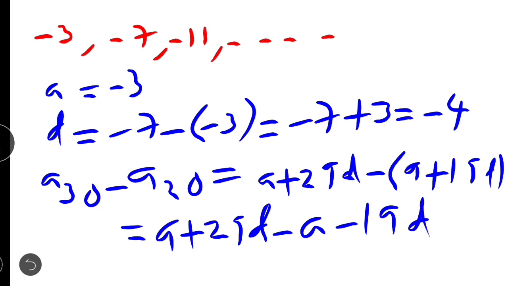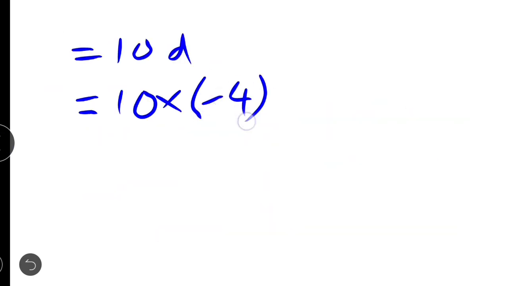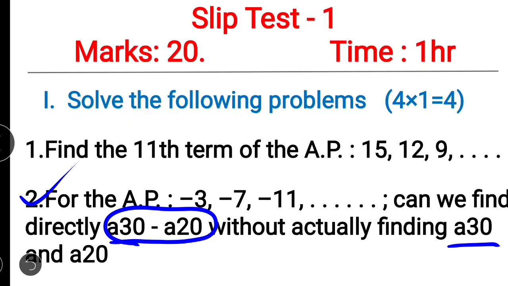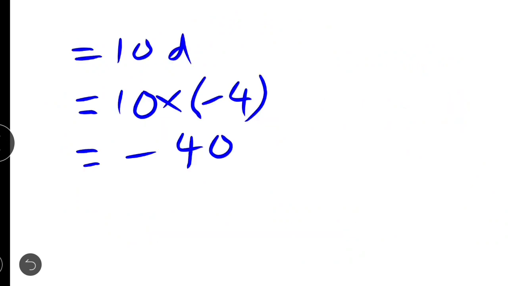Any cancellation here? Plus A minus A cancel, and 29D minus 19D is 10D. The D value is already available, so 10 into, what is the D value? Minus 4. So 10 into minus 4 is minus 40. So without finding A30 and A20, we found A30 minus A20; its answer is minus 40.